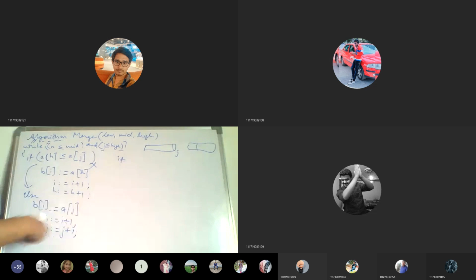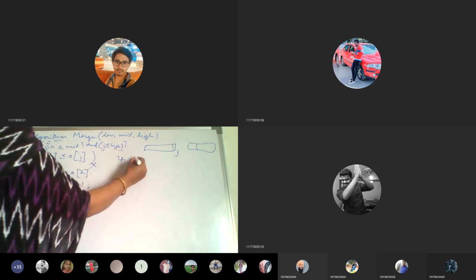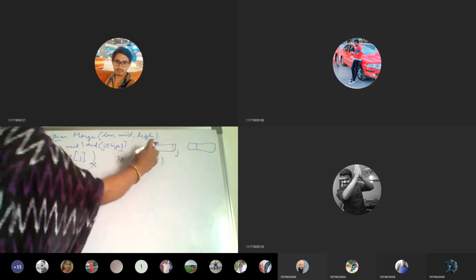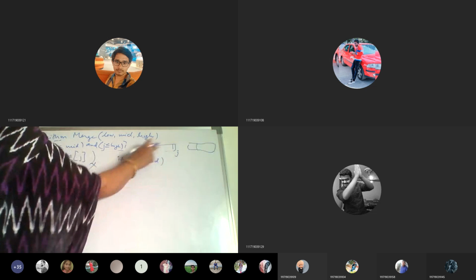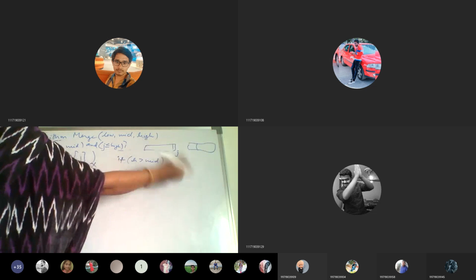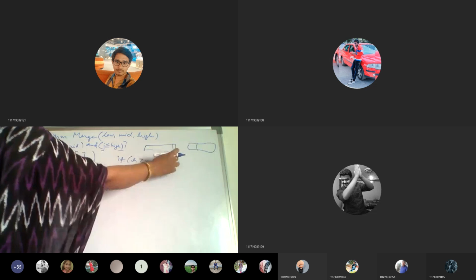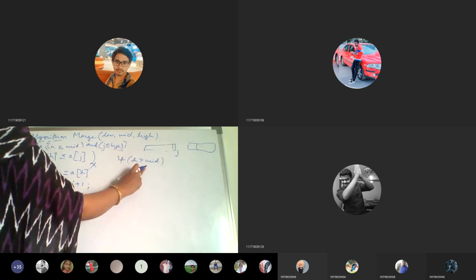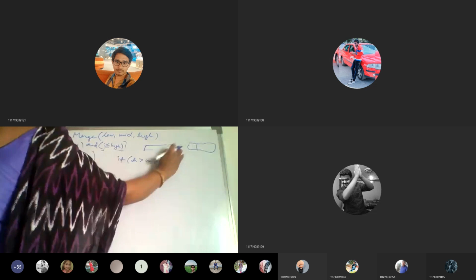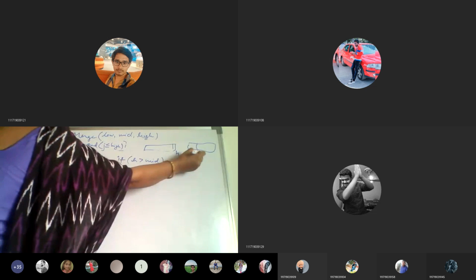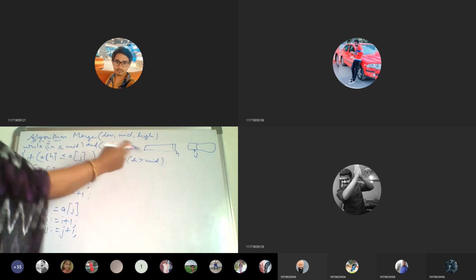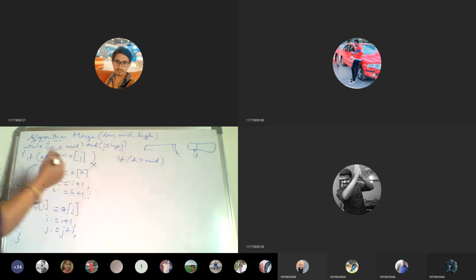So the continuation of this: if H is greater than mid, that means all the elements that were there in this list are smaller and everything is copied. So it is moving out of bound. So H is greater than mid, and this is J, right? So when H is greater than mid, what are we going to do?